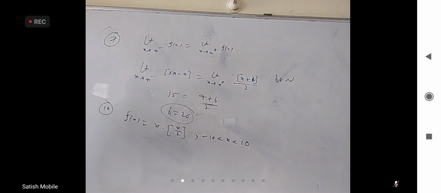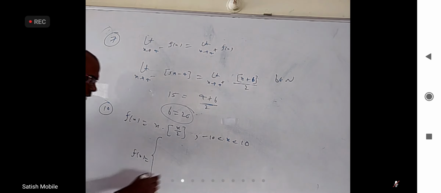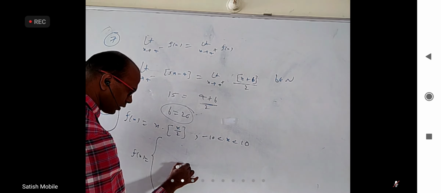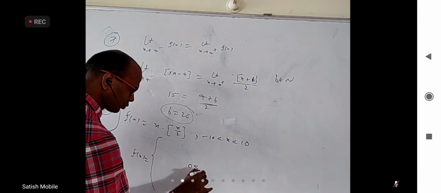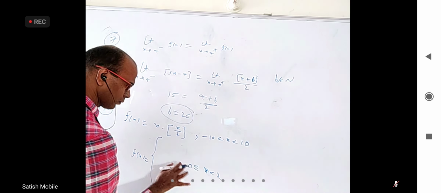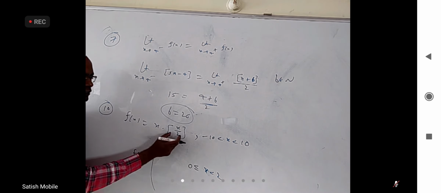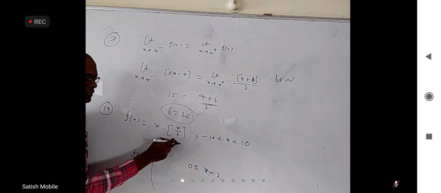Just to get an idea, at least let me write some cases for f of x. You take anything between 0 to 2, closed 0 to open 2. This will be between 0 to 1, integer part will be 0, 0 times anything will be 0.